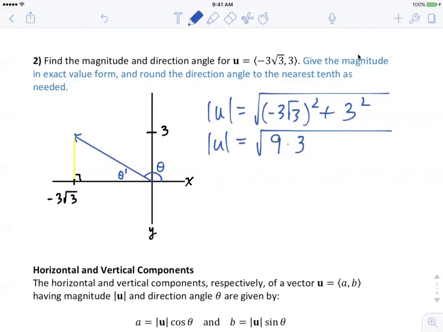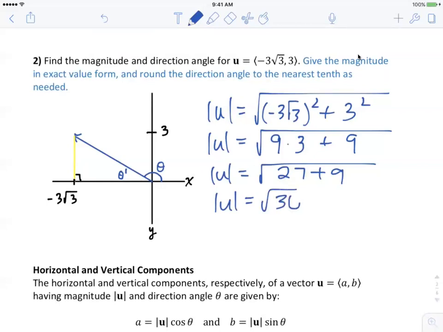Right, so I just square each piece there, and then 3 squared is 9. All right. So this is 27 plus 9. Ooh, look at that. That's 36, and that's a perfect square. So my magnitude is 6.